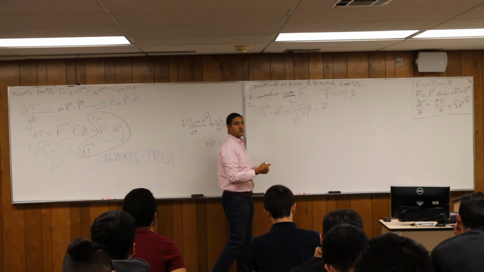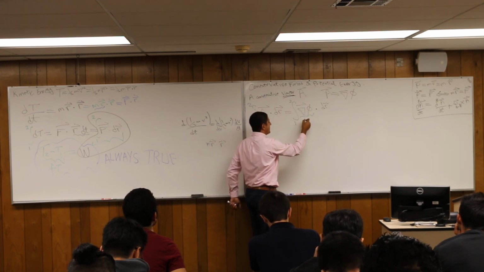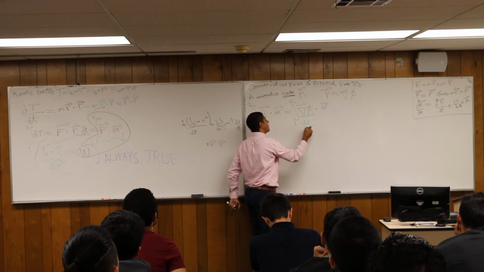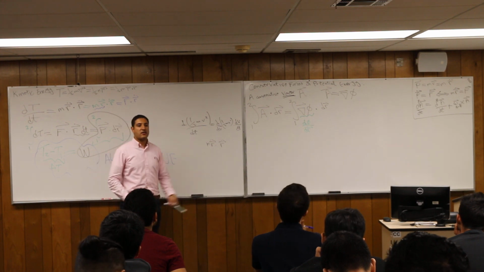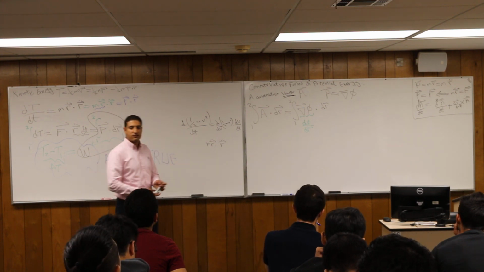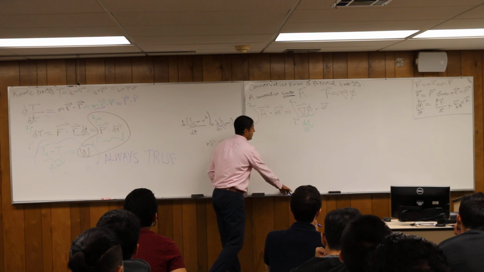And what is the gradient of phi? It's simply d phi by dr, right? This is the definition. So d phi by dr dotted with dr, what do you get out of that?